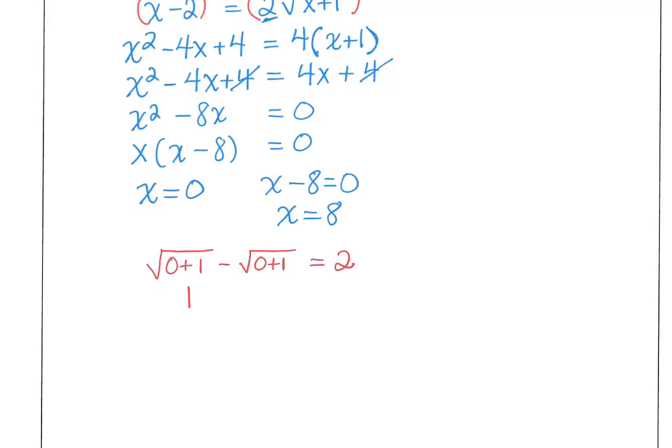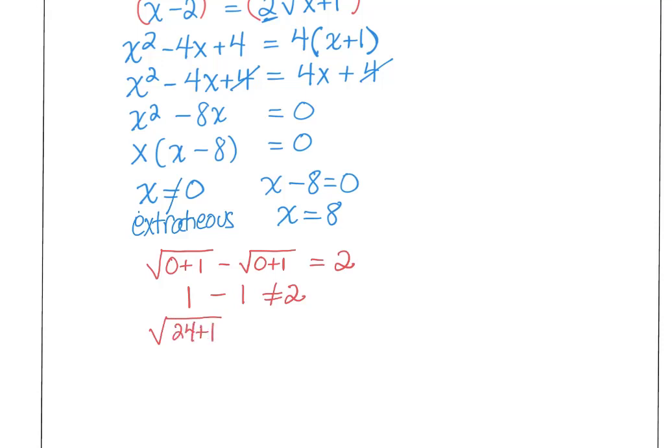So the square root of 1 is 1, and the square root of 1 is 1, and that's definitely not 2. So x equals 0 is extraneous. Can't do that one.